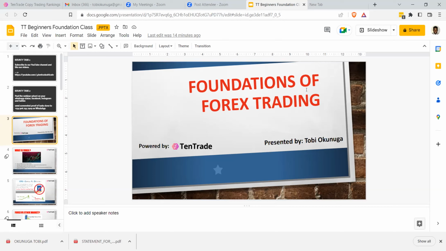And then the second assignment was, if you don't already have an account with 10 Trade, you want to create your account with 10 Trade by going to the website or getting the link from the person that invited you to the webinar. And then you want to create your demo account and then log into your MT5, because today is going to be fully practical, right?